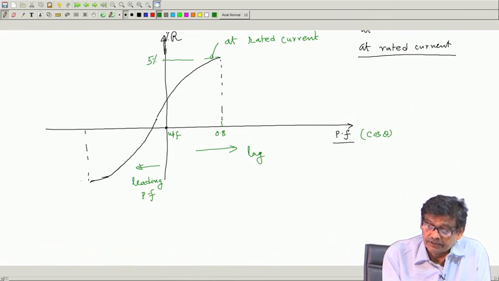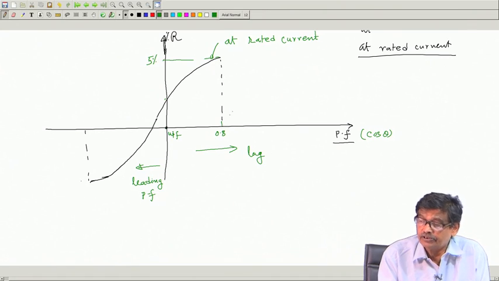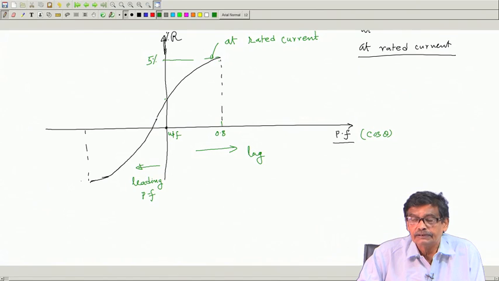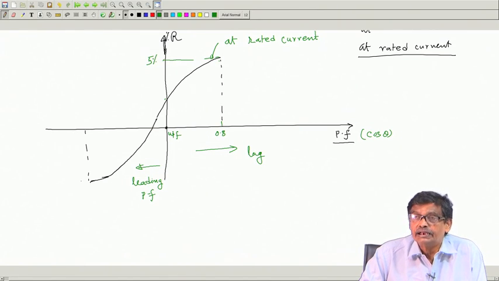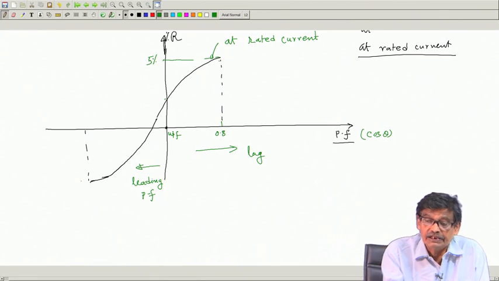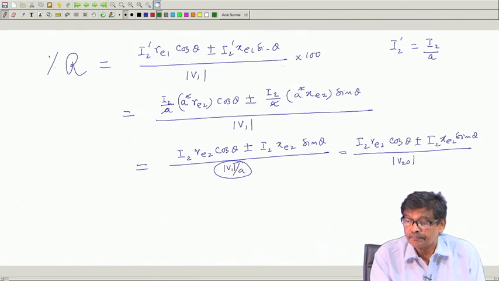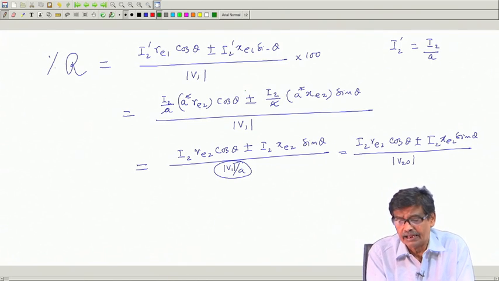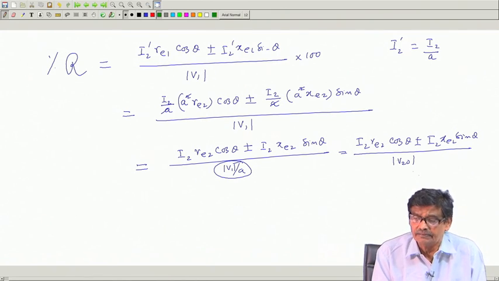At unity power factor also the regulation is positive. What is regulation? Regulation is no load voltage minus the voltage with load connected divided by the no load voltage. Therefore, it is positive means the numerator is positive. No matter whether you use this expression or that, one and the same thing, you will get the same result.